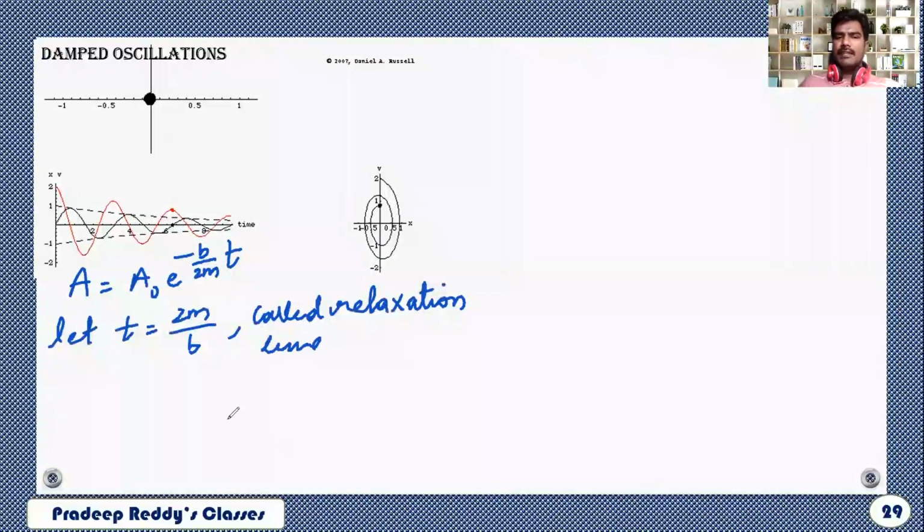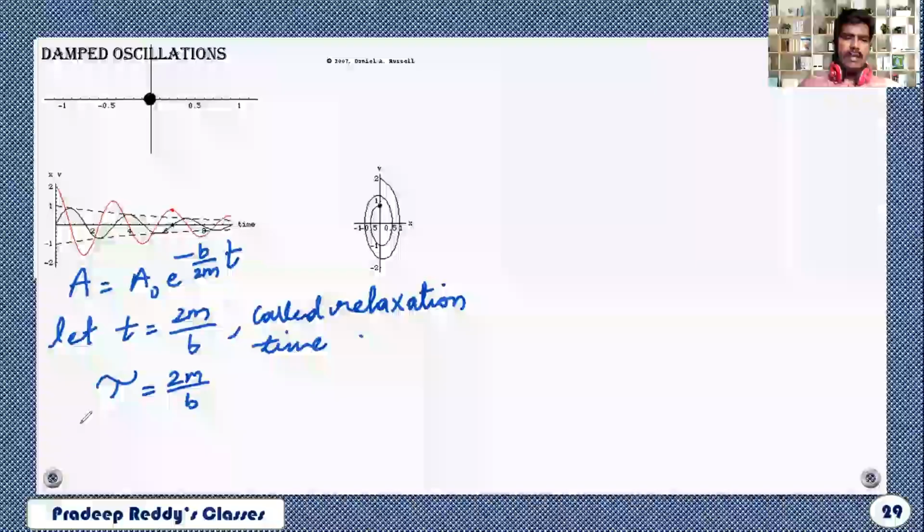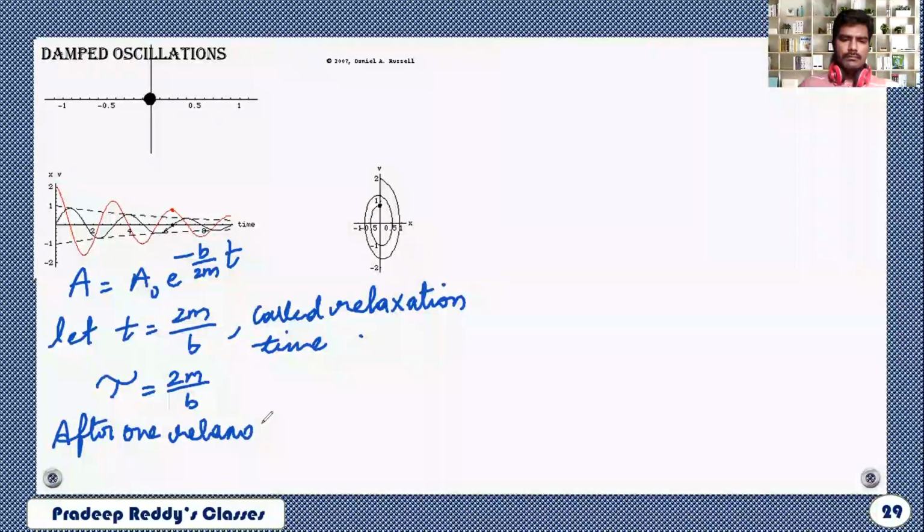The relaxation time is denoted with tau, which is equal to 2m divided by b. So after one relaxation time, A is equal to A naught e power minus 1.